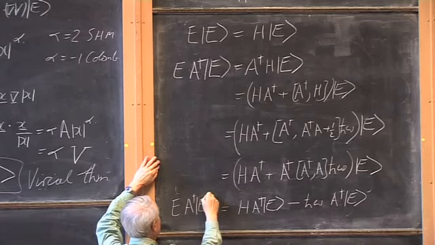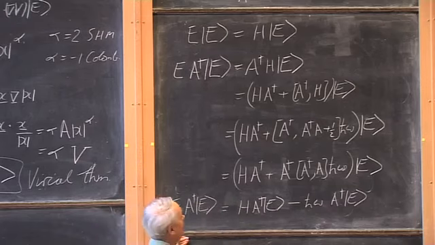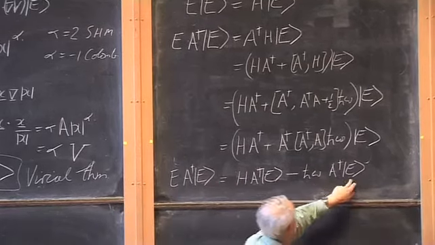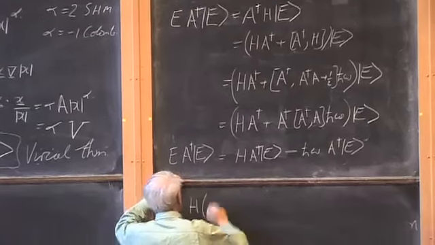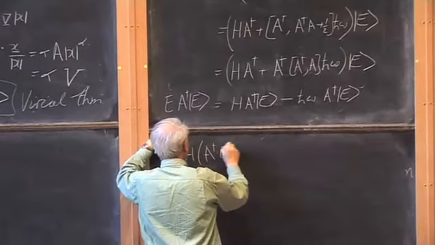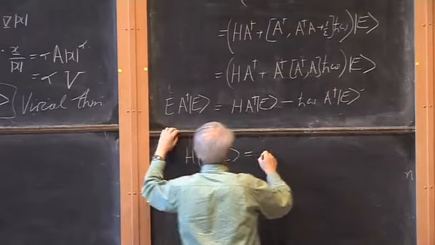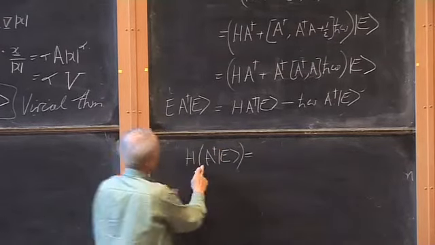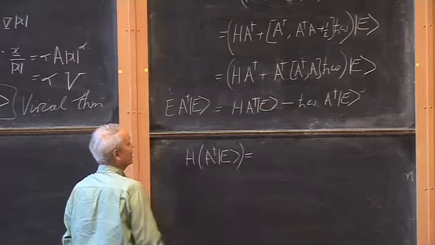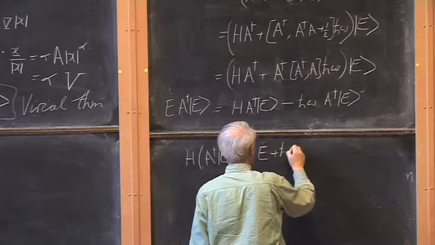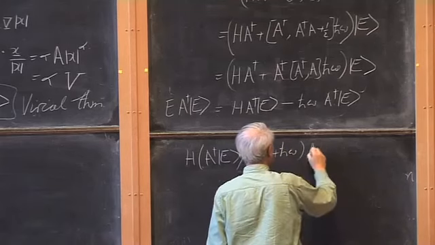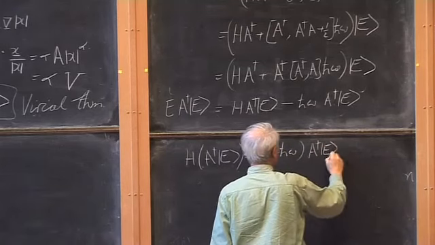This is just a restatement of what's been at the top. So we take this a dagger |E> and join it onto that a dagger |E>, and we discover that H on a dagger |E>, the ket that you get by using a dagger on |E>, is equal to (E plus h bar omega) times a dagger |E>.